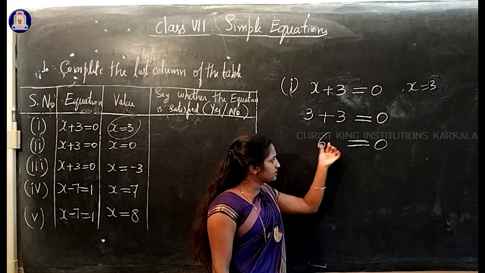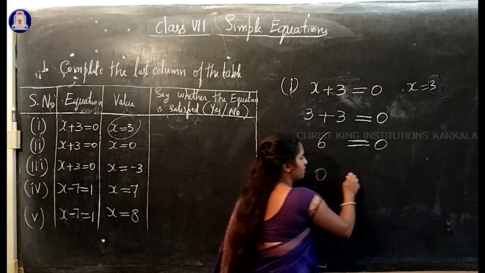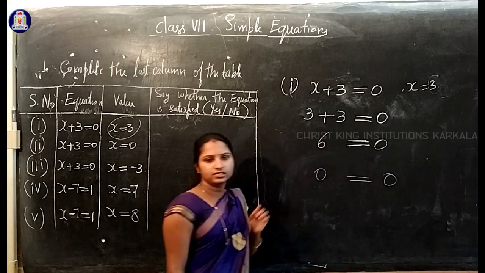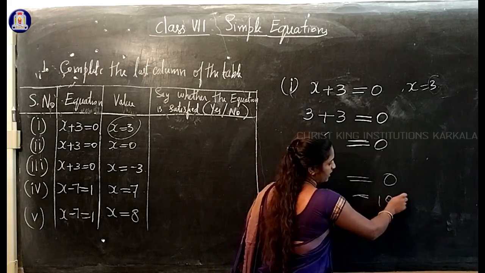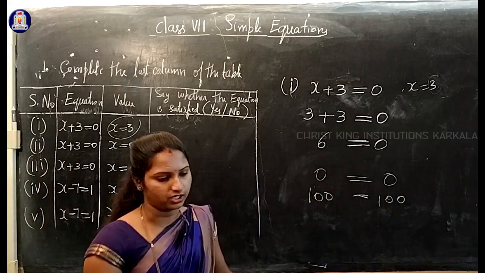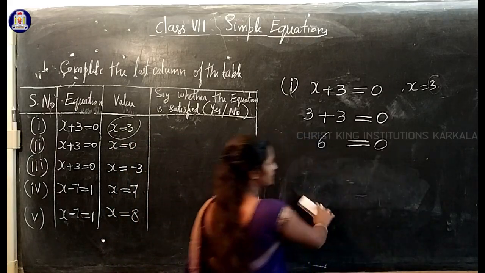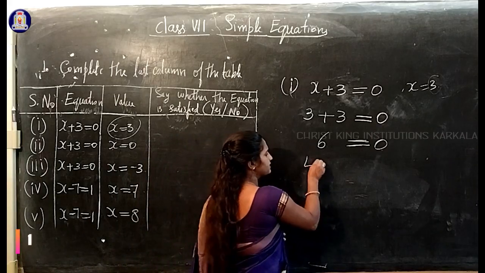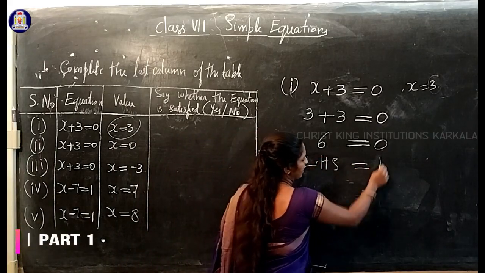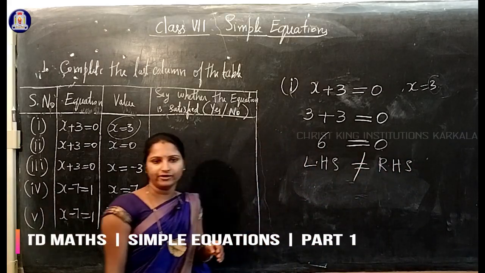Suppose here it is 6, then here also it should be 6. If the left hand side gives 0, the right hand side must also give 0. If it is 100 here, the right hand side should also be 100. But in this equation the left hand side is 6 and the right hand side is 0. Is the left hand side value the same as the right hand side value? No. So this is not equal.